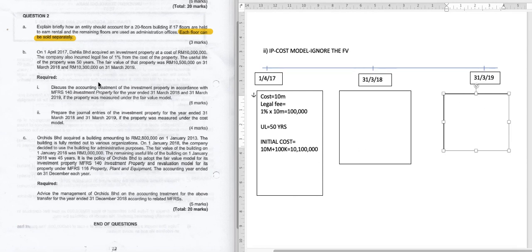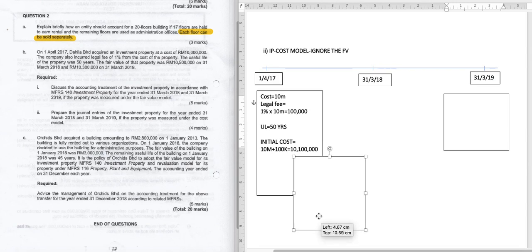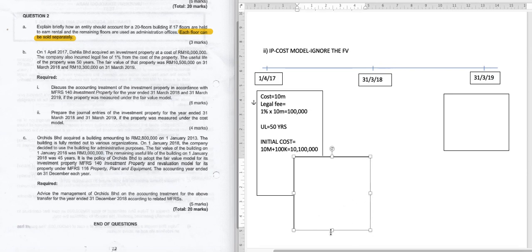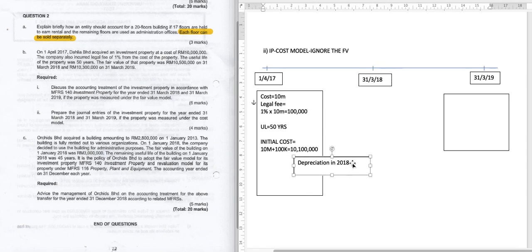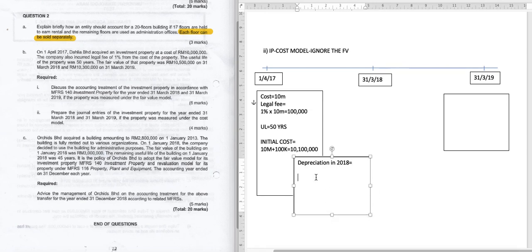Okay, sekejap. So now we will calculate the depreciation. Nanti we kena buat. So the depreciation in 2018. So the initial cost, that is 10,100,000 divided by 50 years.